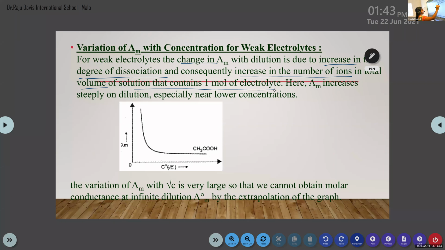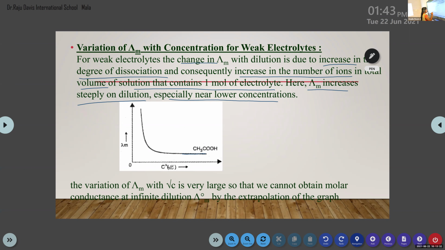Here this molar conductivity lambda m increases steeply on dilution, especially near lower concentration. So this molar conductivity will increase with dilution, that means on reducing this concentration, the molar conductivity will increase steeply. You can observe it in the graph, right?